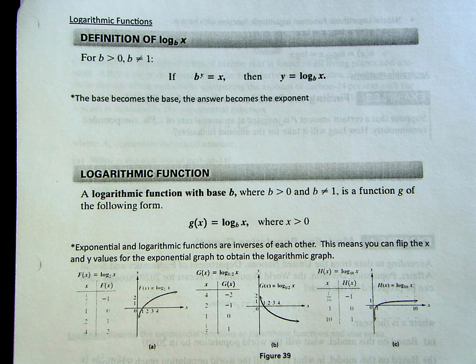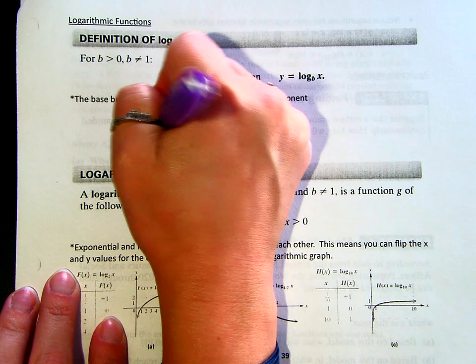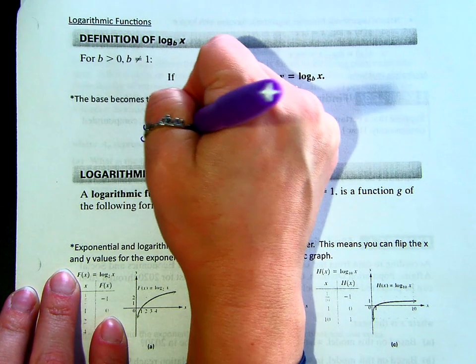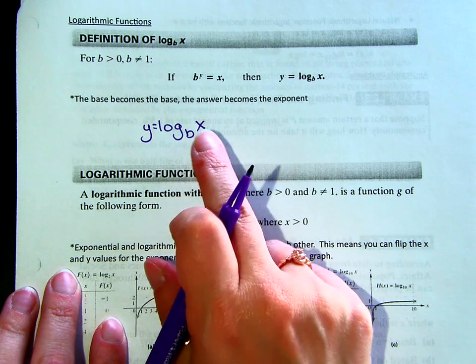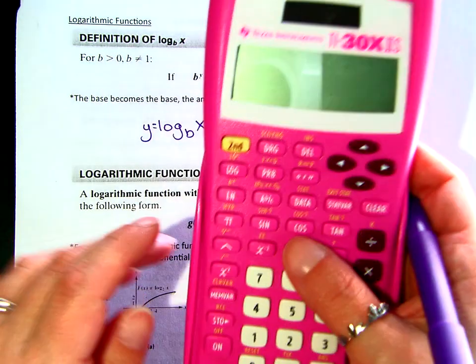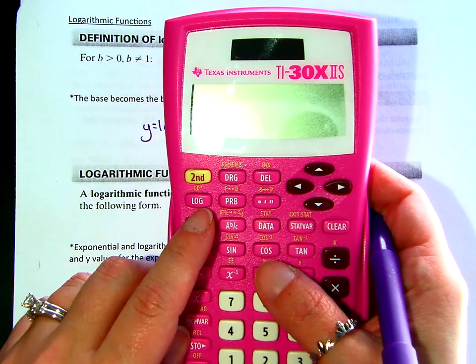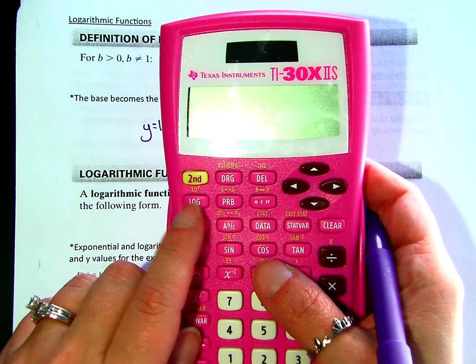So what that means is if I have my logarithm, here's my really general one, and I cannot type this in. One thing you'll find is on your calculator, you have a log button, you have an ln button. The log here has a base of 10, so that means your b is 10.